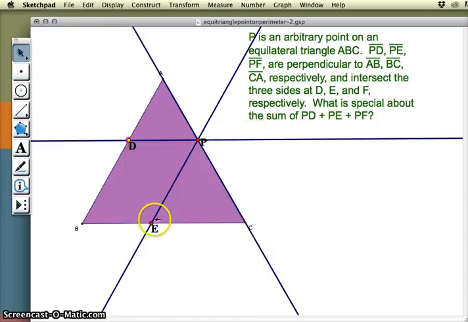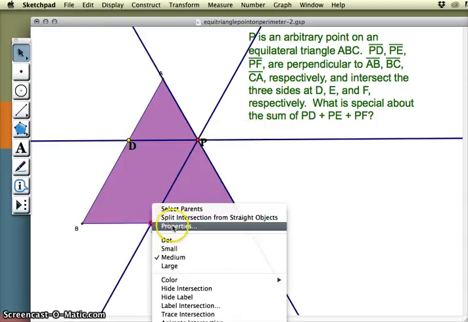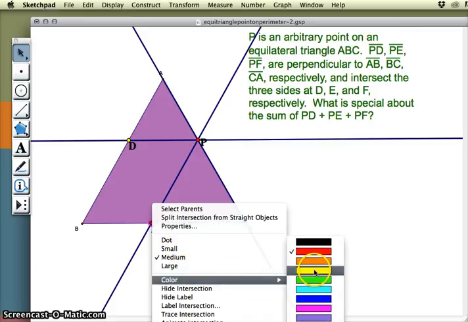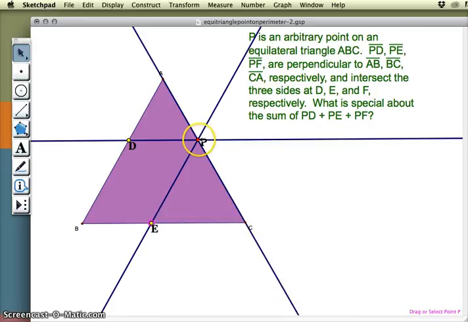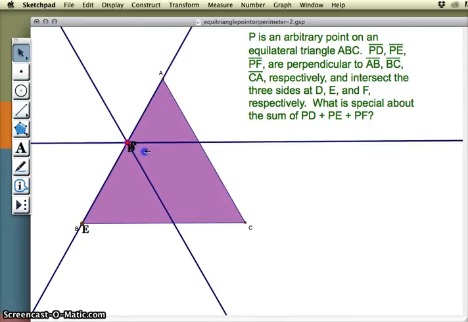Yellow. And we need to make point F as well.